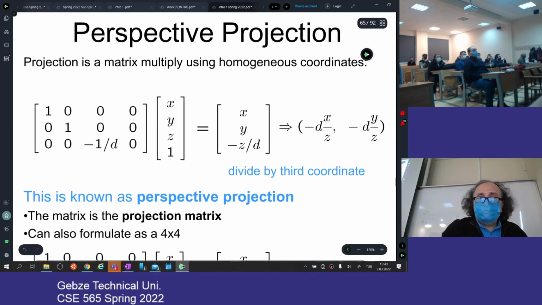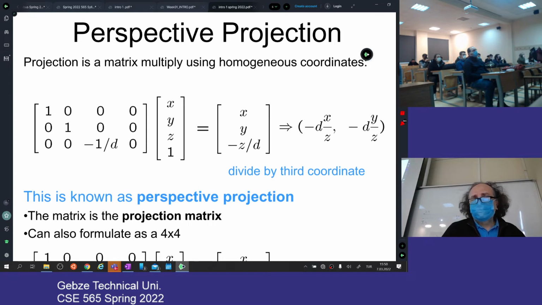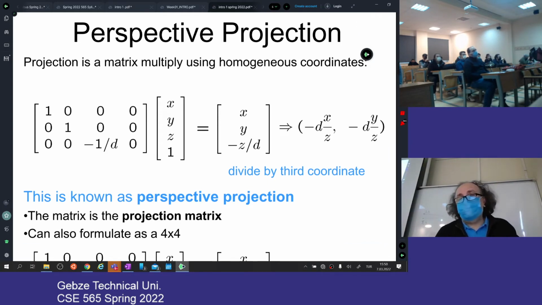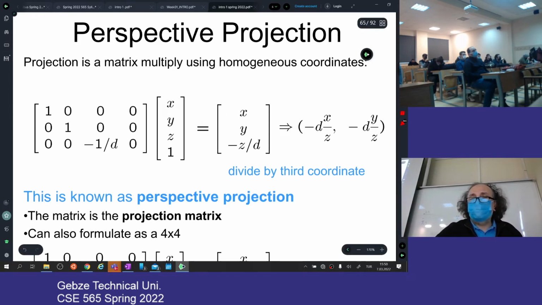If I multiply it with this weird-looking matrix, 1 0 0 0, 0 1 0 0, and 0 0 1 minus 1 over d times 0, this is what I would get, right? So this is kind of making a four-dimensional vector into a three-dimensional vector. But if I take this as a homogeneous coordinate in the two-dimensional world, how do I go to non-homogeneous coordinates?